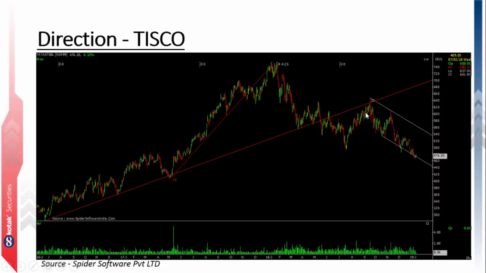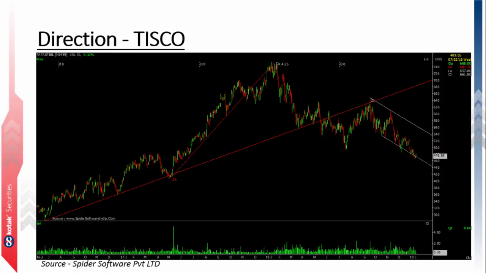Later on we saw some pullback, but eventually the stock is quoting at its lowest of the current fall. So close to 475, 476 levels the stock is, and the breakdown was somewhere around 620, 590 levels.